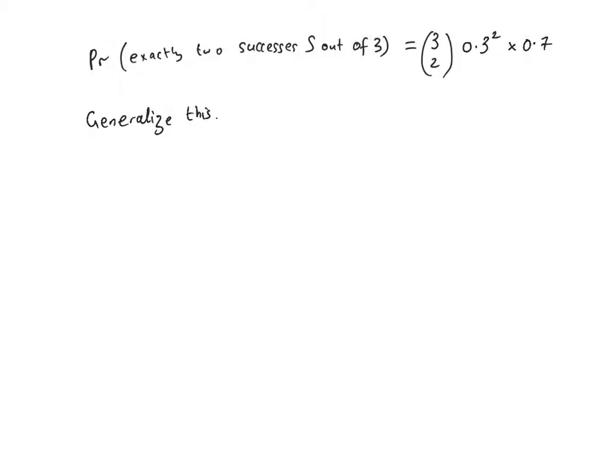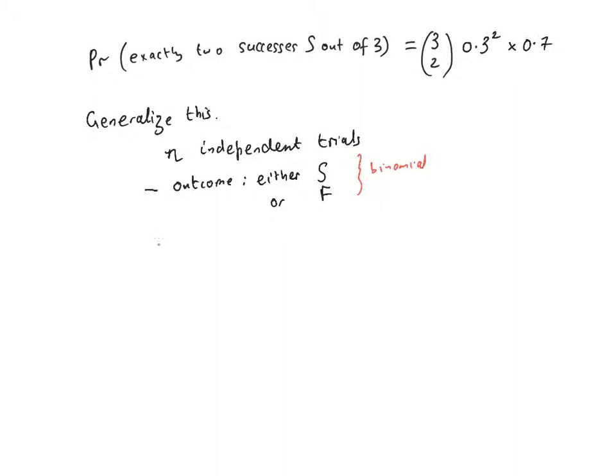And the way we think about the generalization is we'd have n independent trials. Each trial can have an outcome, and it can have 2 outcomes, either a success or a failure, and that's why we're working with a binomial.